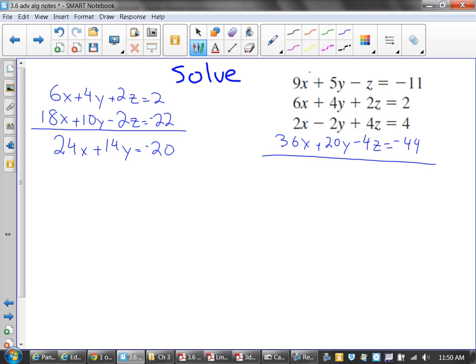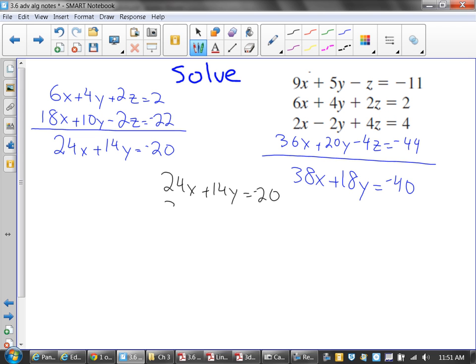Okay? So by eliminating that, I have 38x, 18y is negative 40. I can't just simplify that.